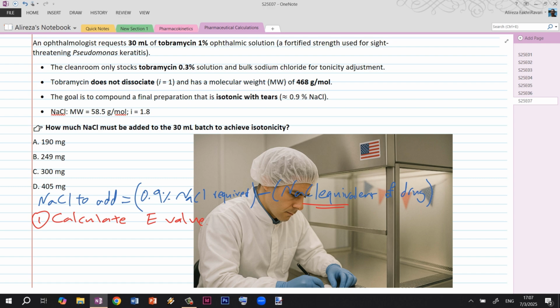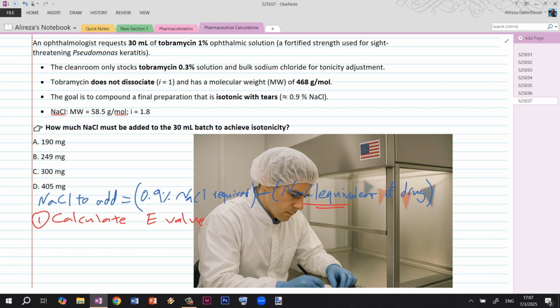And non-ionic compounds do not dissociate. So for example, tobramycin doesn't dissociate. So for such compounds, dissociation factor I equals 1. For sodium chloride, I is 1.8. And 1.8 essentially means that 80% of the compound will dissociate in a weak solution.